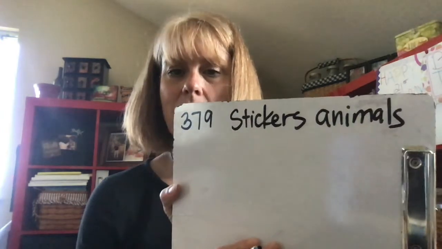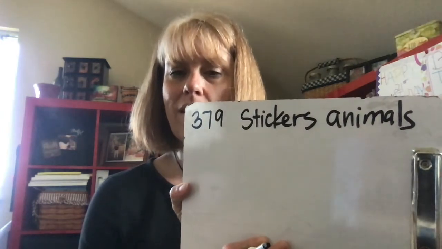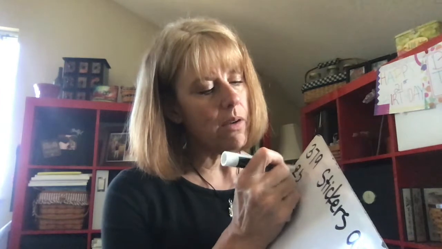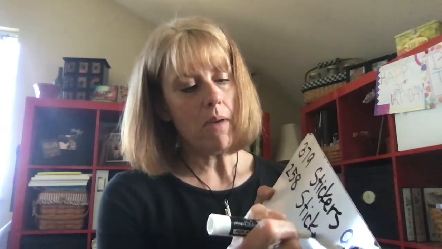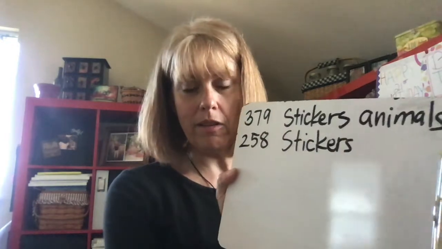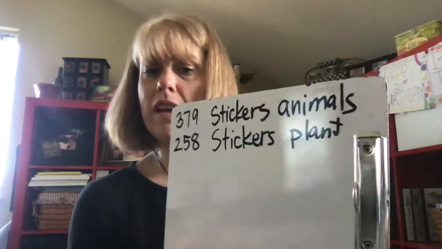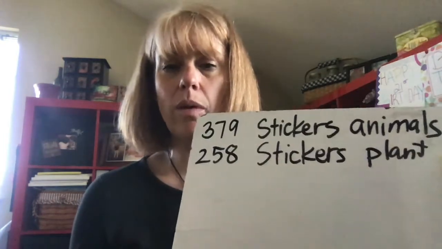So she has 379 stickers that are animals, okay? And then, let's see, 258 stickers. Those belong to Blake. Okay, so Blake's got some stickers too. His are plants. They are plant and flower stickers, okay? So he's got some trees and some flowers. He's got some really cool stickers.